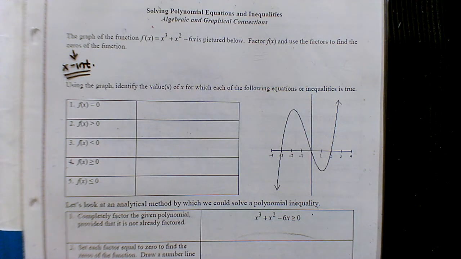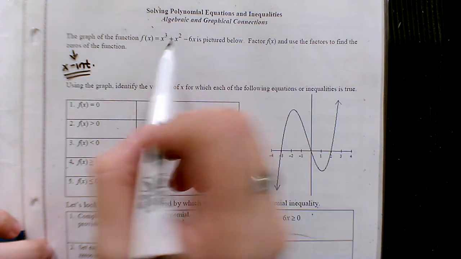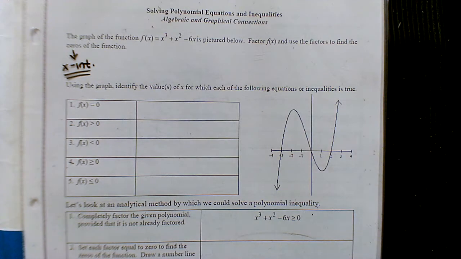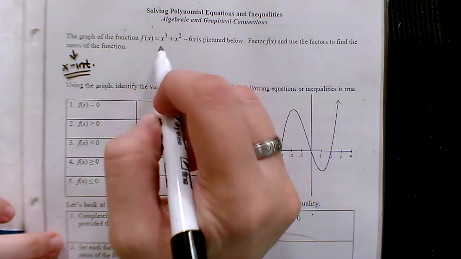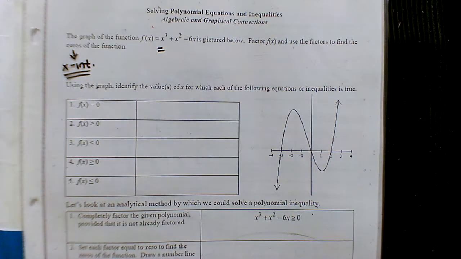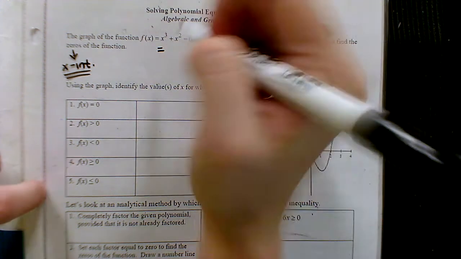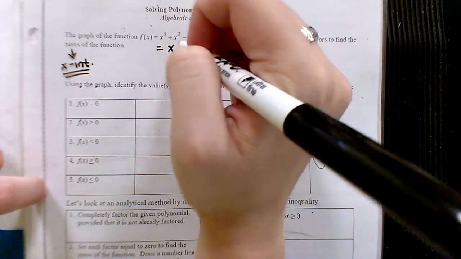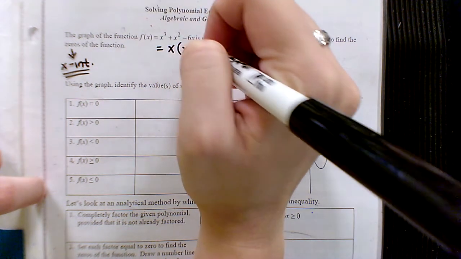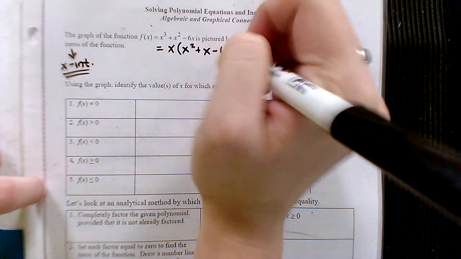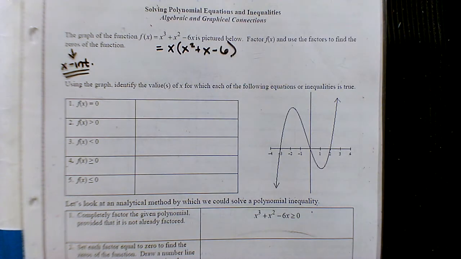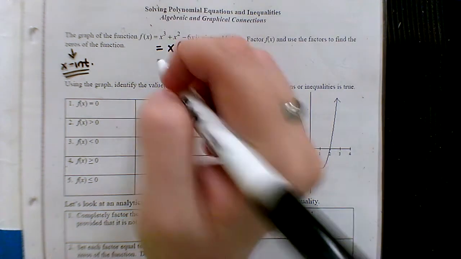Okay, so this is basically what we did in those last three examples. We're going to try to factor the polynomial, set it equal to 0, and then those solutions represent those x-intercepts. So taking a look at this polynomial, how might you want to factor it? Yeah? You can start with the GCF, let's take out an x, yep. All right, and then ask yourself, can you keep going?